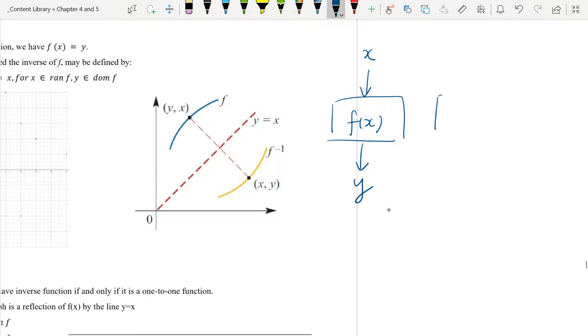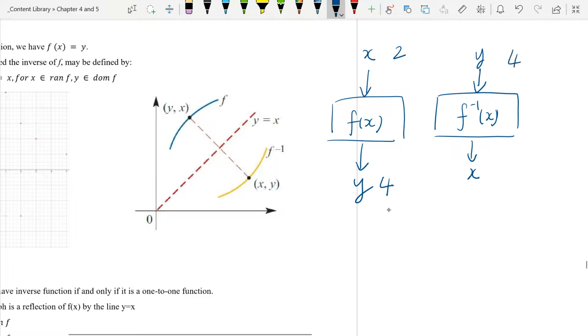So what is an inverse function? It's doing things backwards. Any y value you get from your original function, you take that and put it into the inverse function, and you get the original x you put in. So let's say you put 2 in and get 4 out.